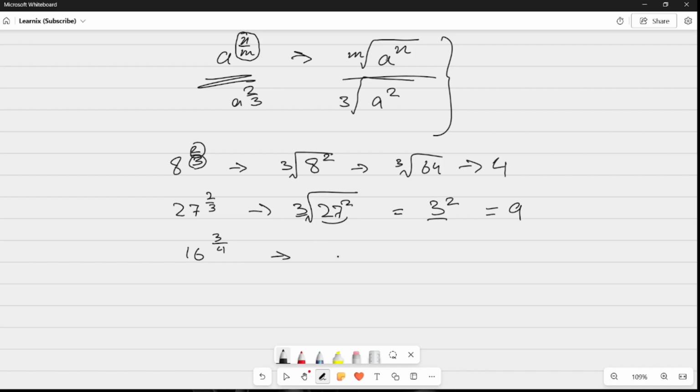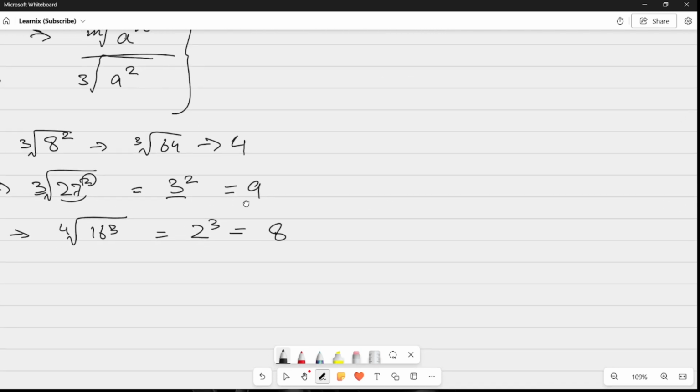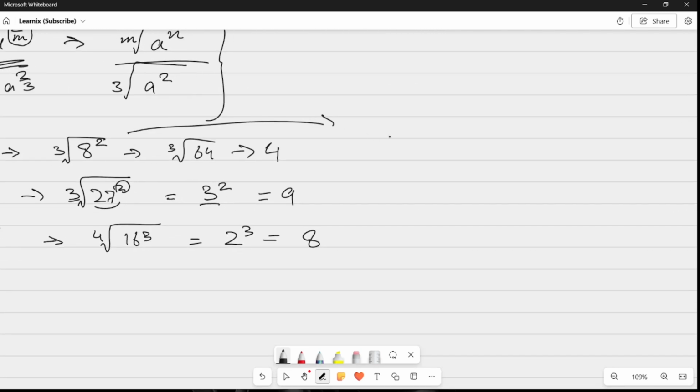Now we have 16 to the power of 3 over 4, basically the same thing. Fourth root of 16 to the power of 3. It will give us 2 to the power of 3, which will equal 8. Another simple way of doing this, you can also keep the power outside. So if you want, you can write 8 to the power of 2 over 3 as the cube root of 8, whole squared.